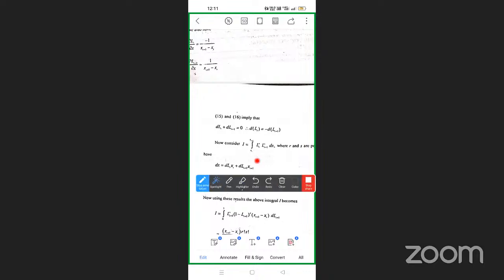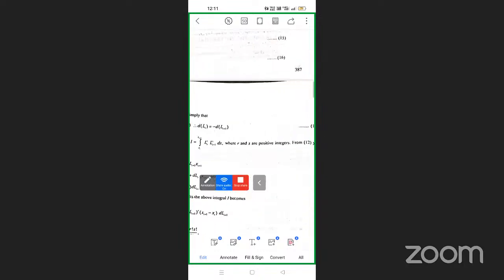Equations 15, 16 imply that dLi plus dLi plus 1 is equal to 0. So that is, differentiation of Li is equal to minus differentiation of Li plus 1. So this is equation number 17.